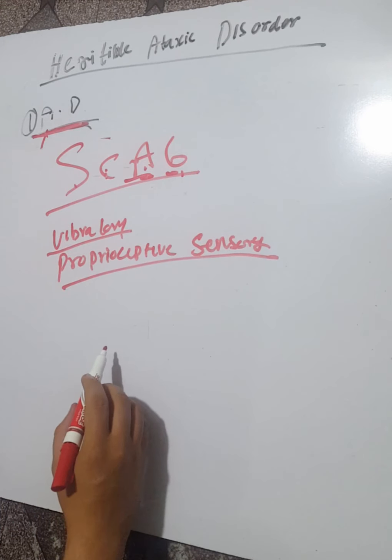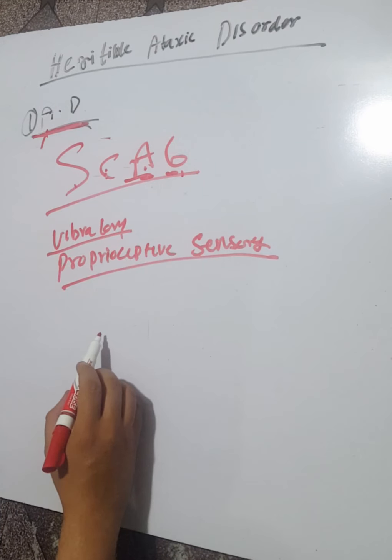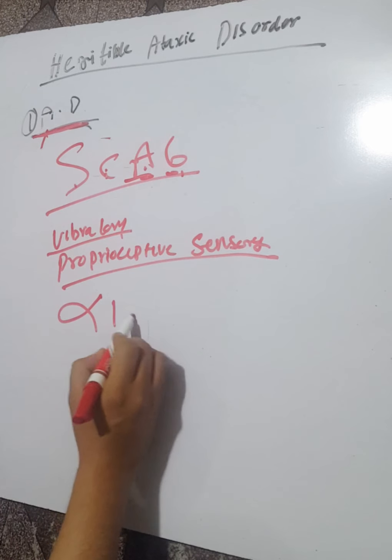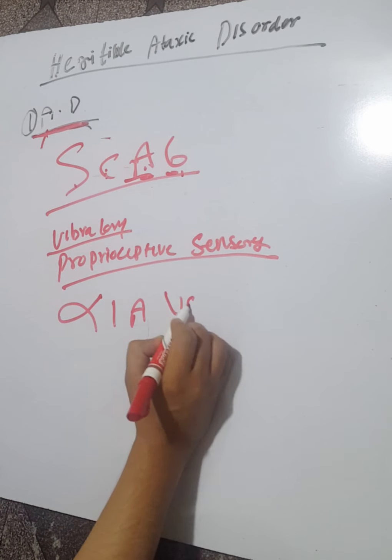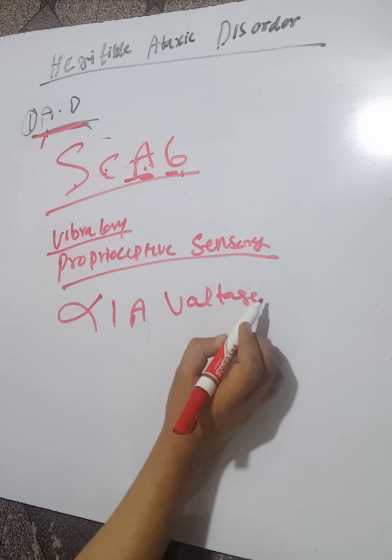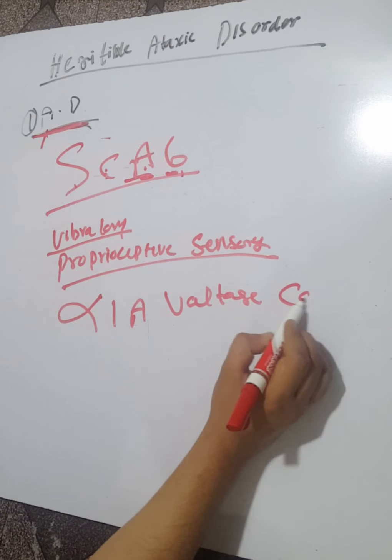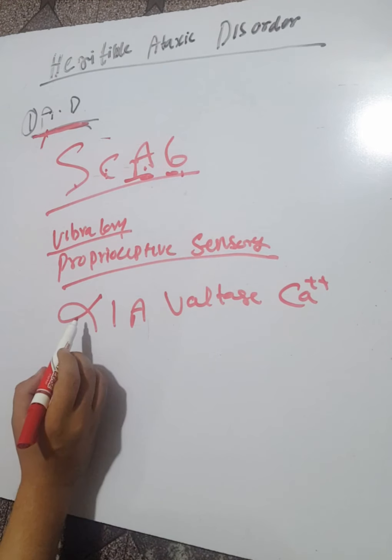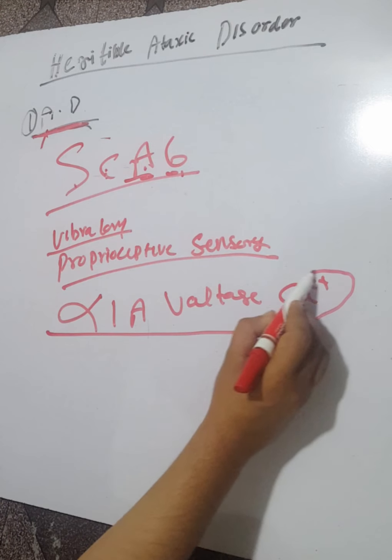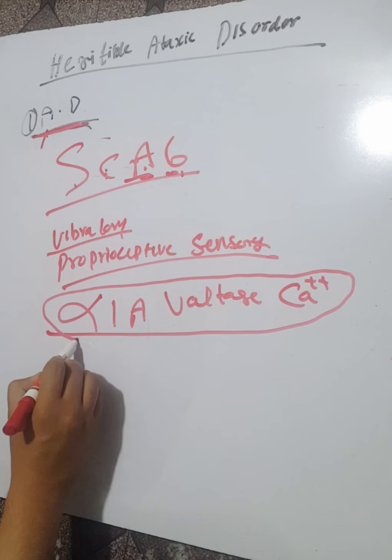In SCA6, the mutation occurs in the alpha 1A voltage-dependent calcium channel.